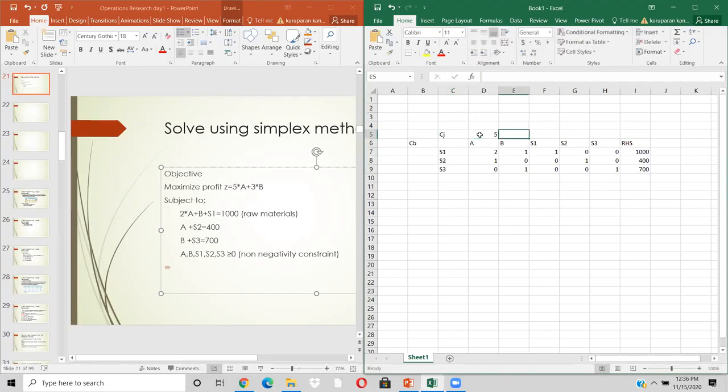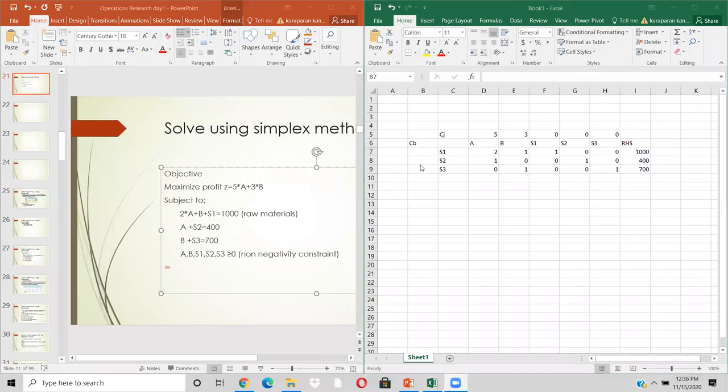The coefficient of B is 3. The coefficient of S1 is 0, S2 is 0, S3 is 0. How to find the CBs?